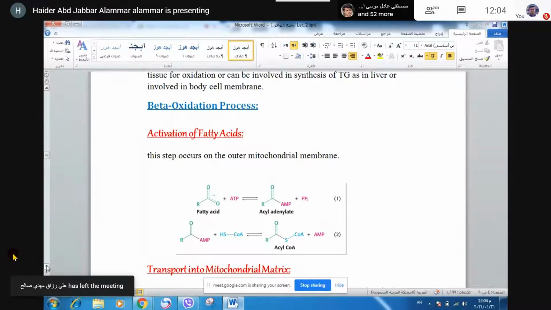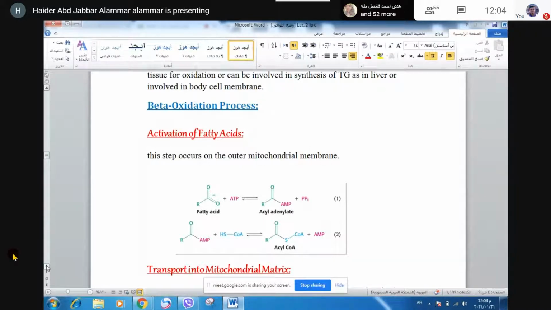The first step, by thiokinase enzyme, the fatty acid in the presence of ATP, adenosine triphosphate, is converted to acyl adenylate, which is connected with adenosine monophosphate, plus inorganic pyrophosphate.